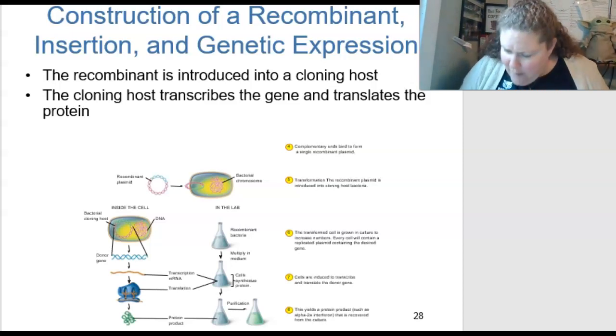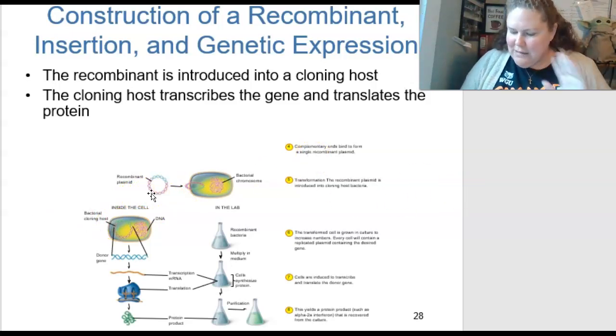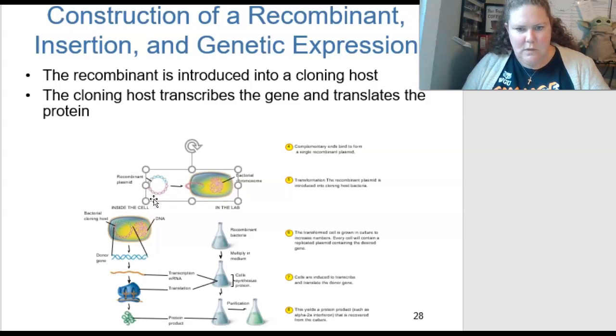Okay, and so this is where you can see the complementary strands here in 4. I'm reading from here and starting here. The complementary ends are going to be bound by that ligase into a single recombinant plasmid, and then we undergo transformation. I didn't realize that was going to move.